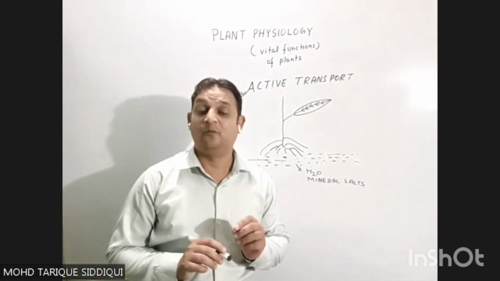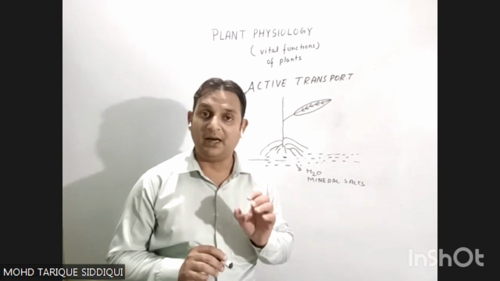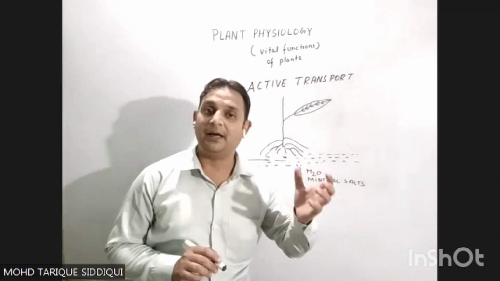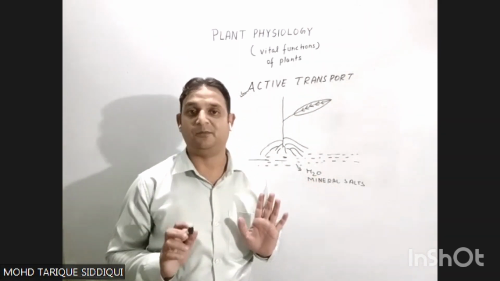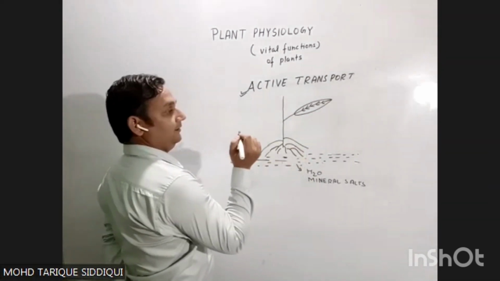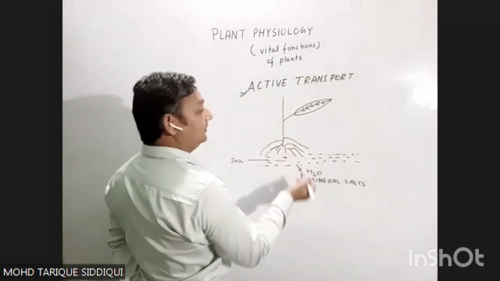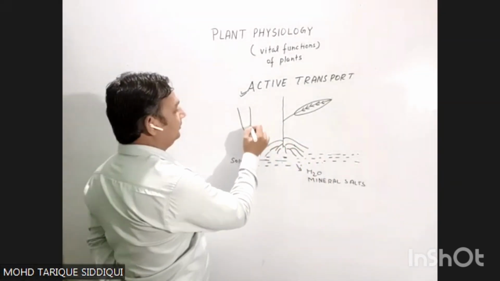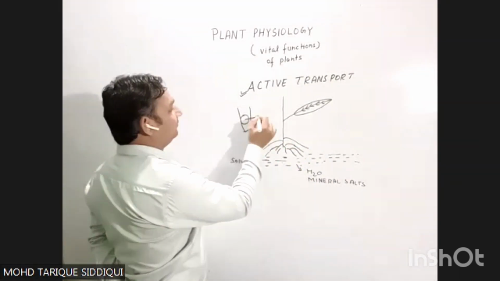Osmosis: water molecules move from hypotonic to hypertonic solution through semi-permeable membrane. That is clear. Now, in this root hair, we have the vacuole, and in the vacuole we have the cell sap.